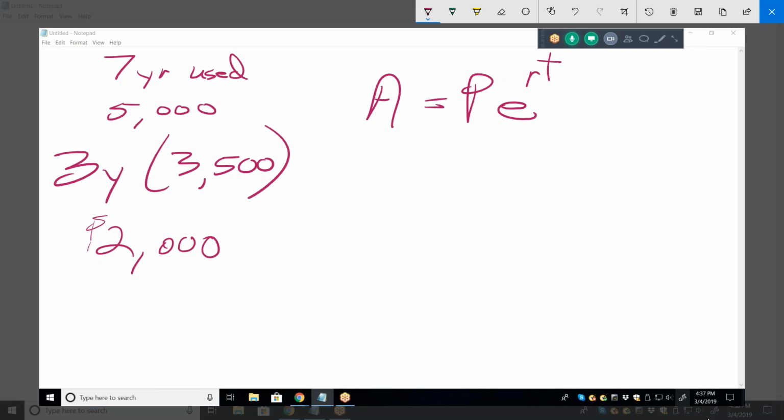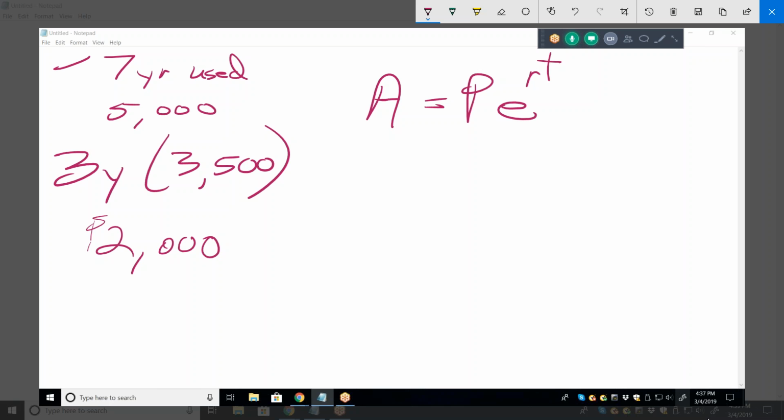Well, let's start. In other words, we're going to use the same general formula. And the fact that it was 7 years old when we bought it can't matter because they didn't give us the original price.